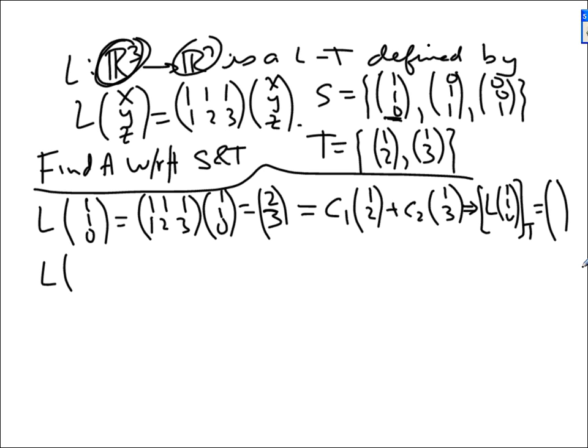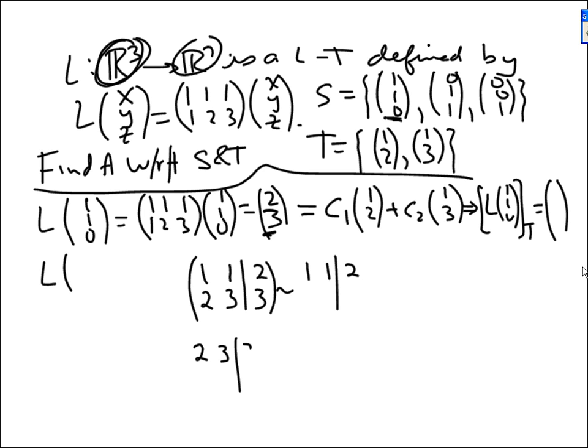Okay, so I need to solve the following matrix. 1, 2, 1, 3, and I want it to be 2, 3. I'll keep the first row the same, and from the second row, I'll take away 2 times the first row.